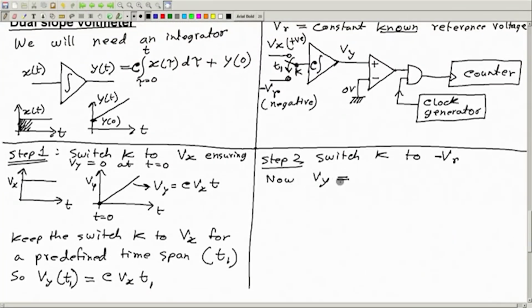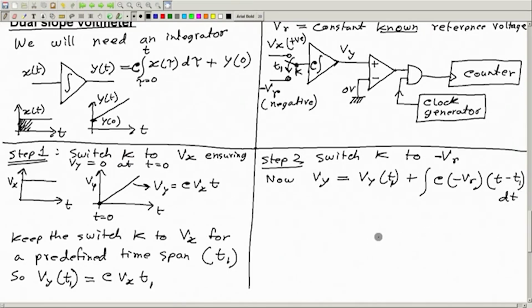So Vy will now start with this value, the starting value. Call this Vy(T1), plus the integration of C times minus VR, with time minus T1, dt.